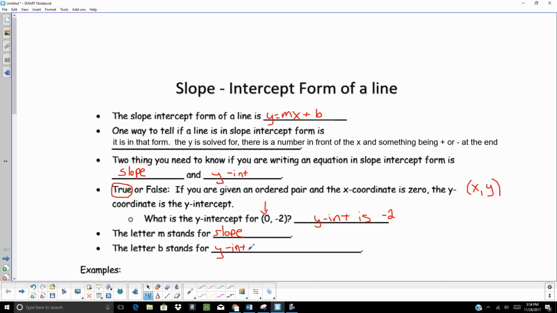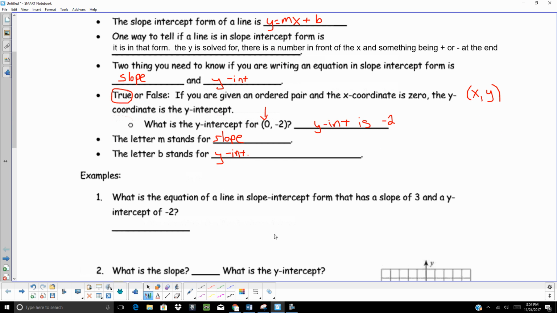Let's do a couple examples. So we want to write the equation in slope-intercept form with a slope of 3 and a y-intercept of -2. And if you noticed, I already wrote down what the important stuff was as I'm reading it. It needs to be in slope-intercept form, so that's y equals mx plus b.